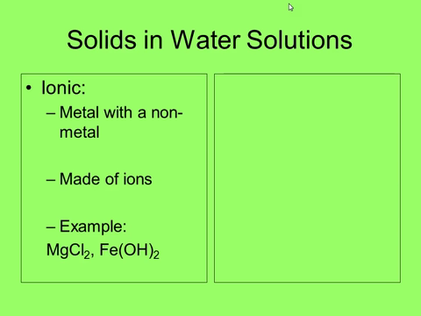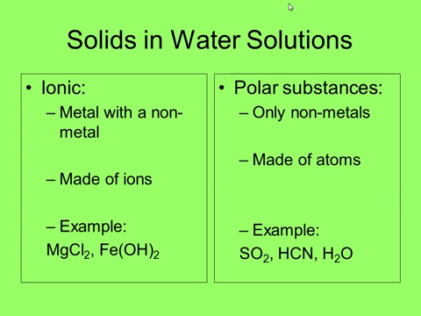Right. Non-metal plus a metal. They are made of ions. And examples are MgCl, magnesium chloride, Fe(OH)2, iron hydroxide. Those are examples.